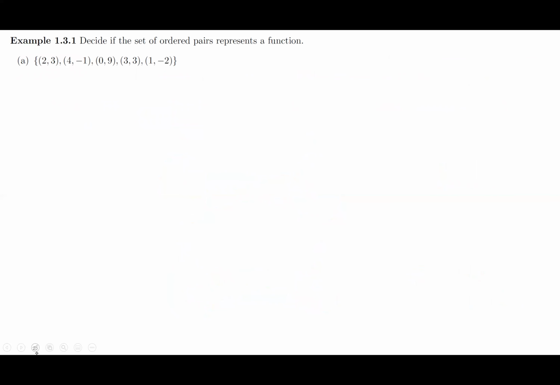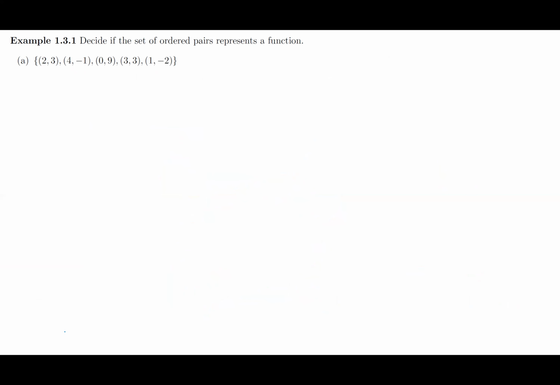Let's keep going here. So here's some examples. And again, you might want to pause this and work through these before you see me do them. So this would be a good time to pause. If not, you can always go back, but let's see. Decide if the set of ordered pairs represents a function.